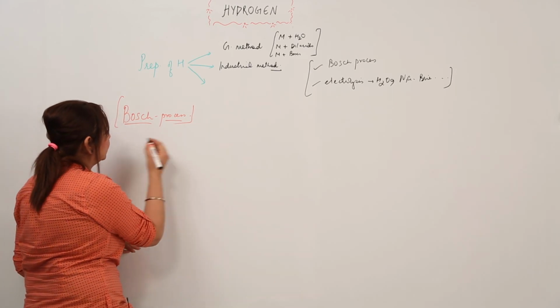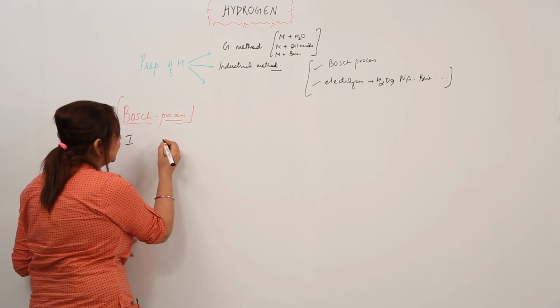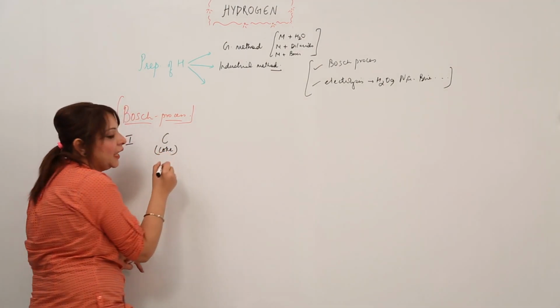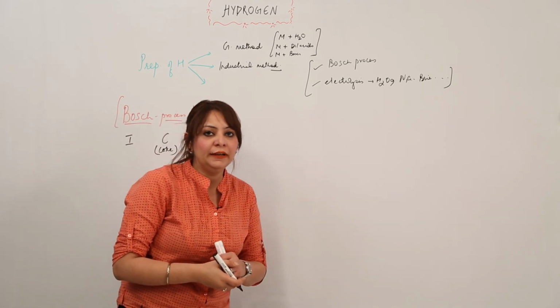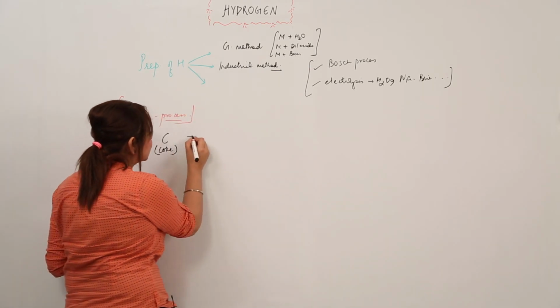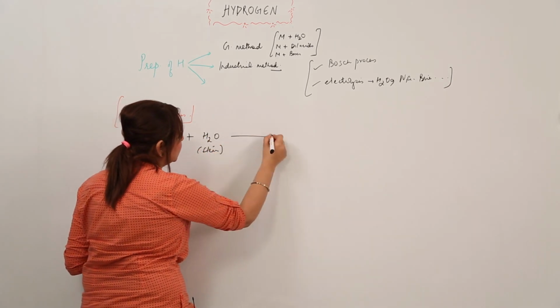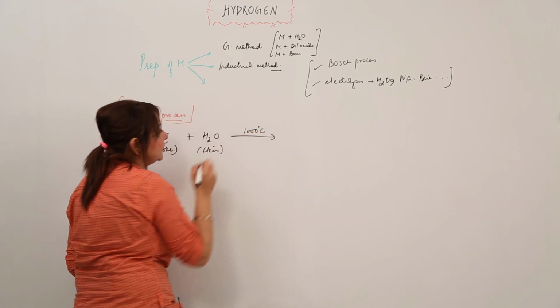The first thing we do is we take coke. You know that coke is a powder form of coal, right? What we do is pass steam through it, at approximately 1000 degrees Celsius.